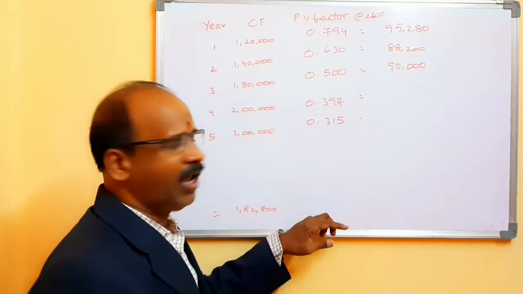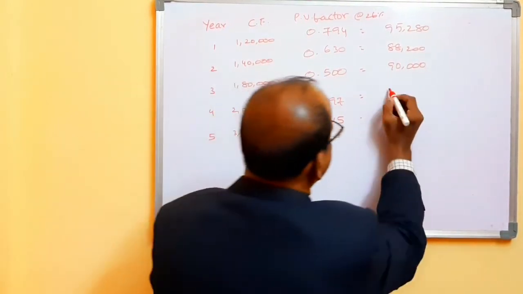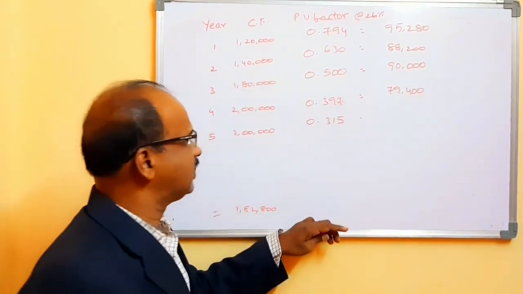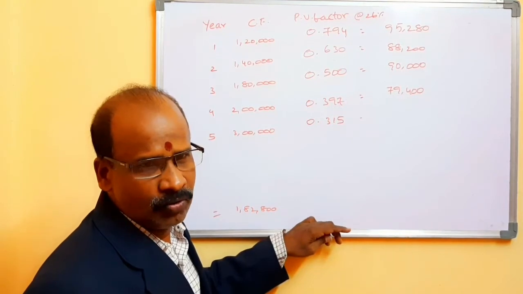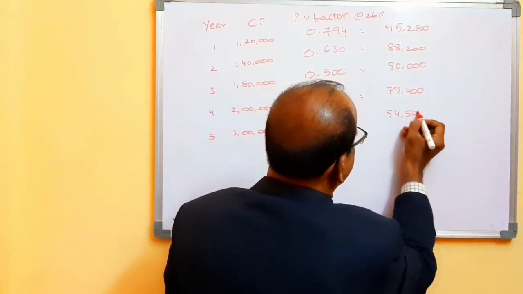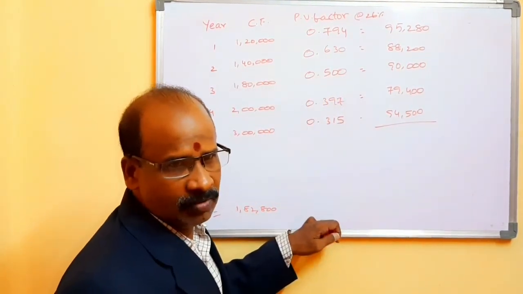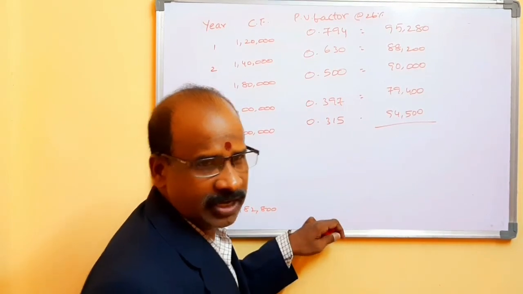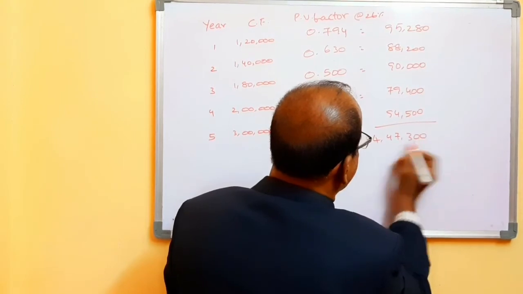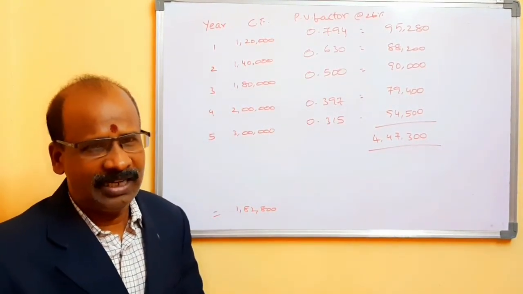Fourth year 2 lakhs into 0.397, we get 79,400. And fifth year 3 lakhs into 0.315, we get 94,500. Add all cash flows, and we get 4,47,300. Investment is 5 lakhs. Now we get the negative NPV.